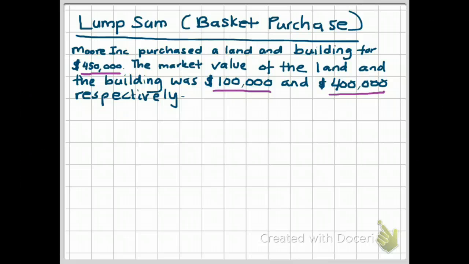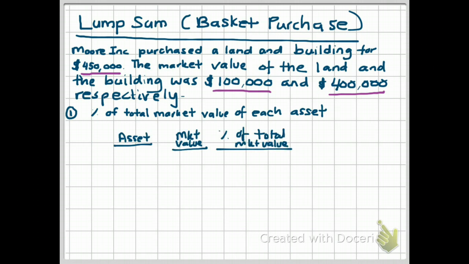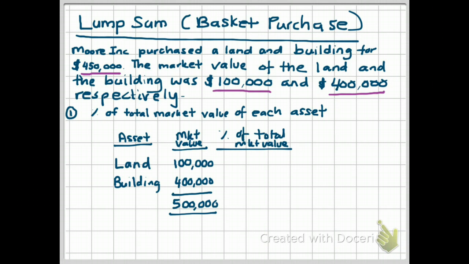Once you have those numbers, the first step that you need to do is figure out the percentage of each asset in relation to the total market value. The two assets that we got were land, which had a market value of $100,000, and building, which had a market value of $400,000. The total market value of what we purchased was $500,000.